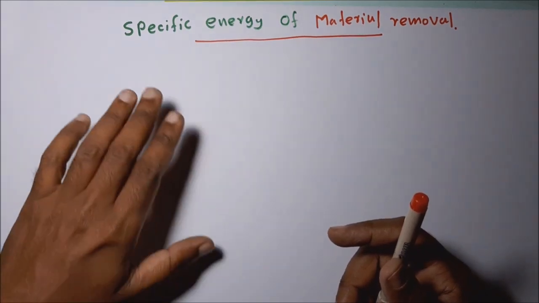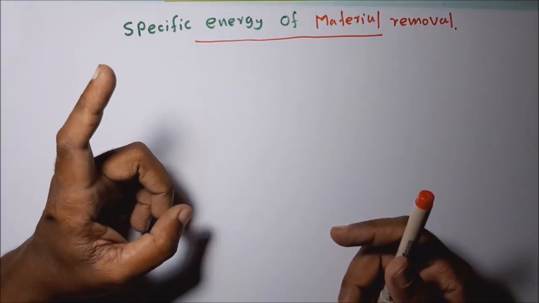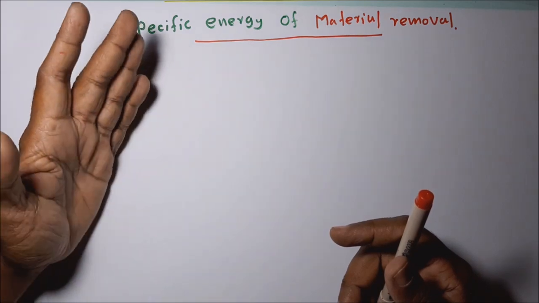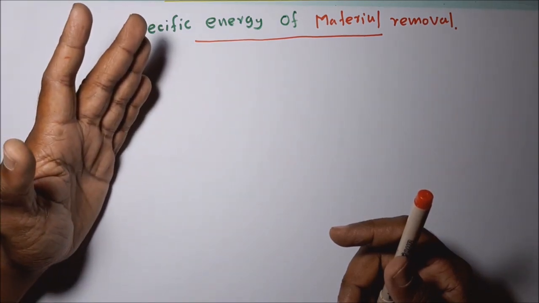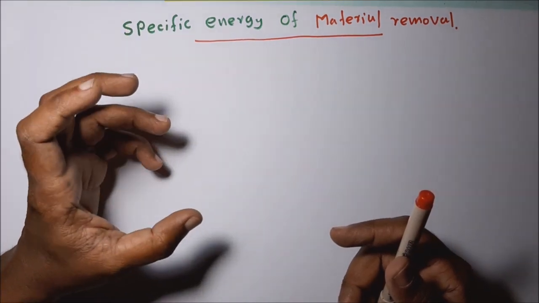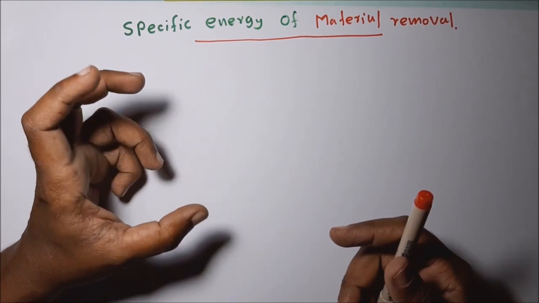The next topic is specific energy of material removal. Specific energy of material removal means the energy consumption required to remove unit volume of material from the workpiece.